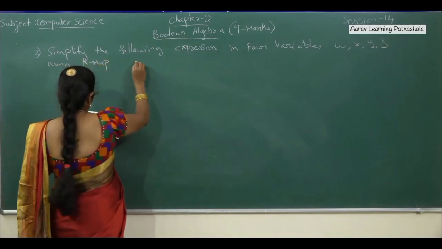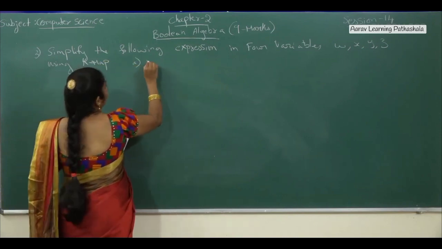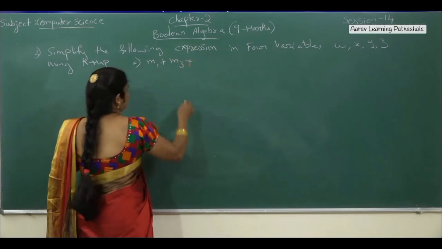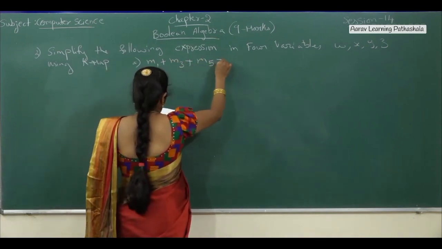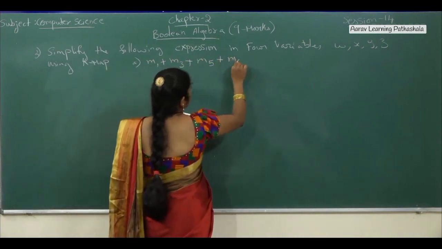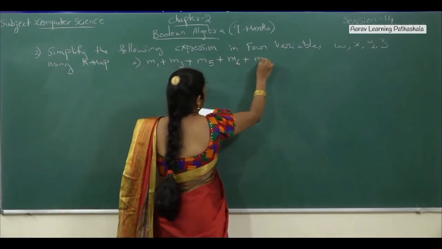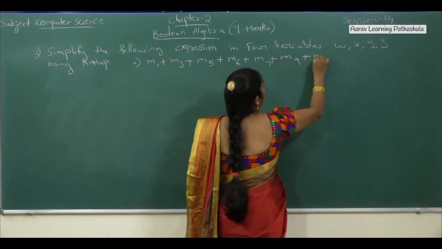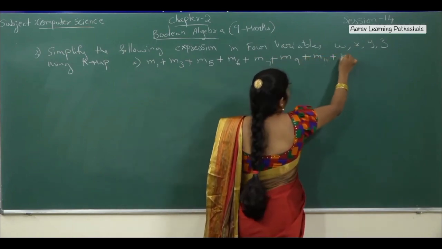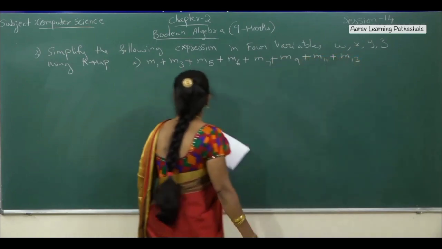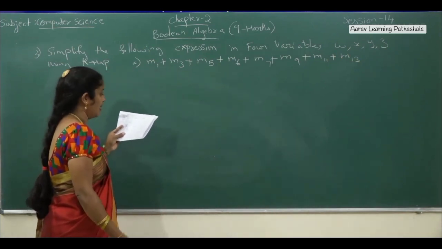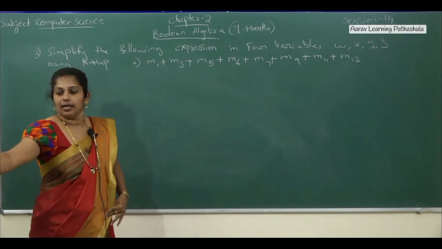That is, the given expression is M1 plus M3 plus M5 plus M6 plus M7 plus M9 plus M11 plus M13. That is 1, 3, 5, 6, 7, 9, 11 and then 13.